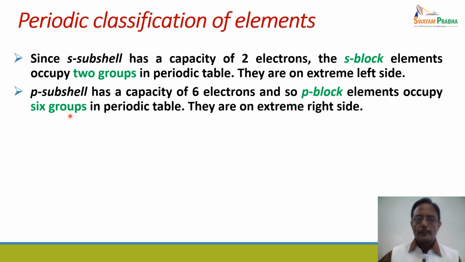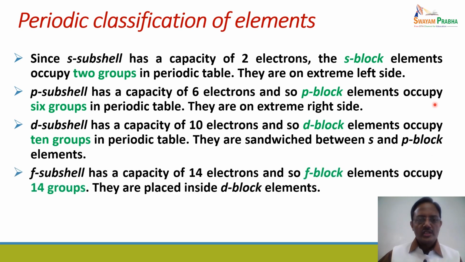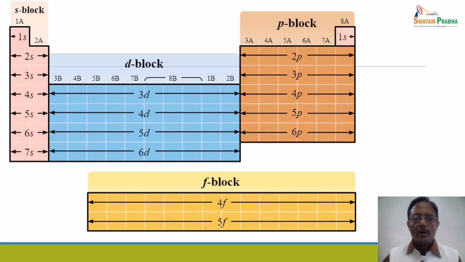D subshell has a capacity of 10 electrons, and so D block elements occupy 10 groups in the periodic table, and these 10 groups are sandwiched between the S and P block elements. And F subshell has a capacity of 14 electrons, and so these F block elements occupy 14 groups and they are placed inside the D block elements. We will see how these elements have been put in the periodic table.